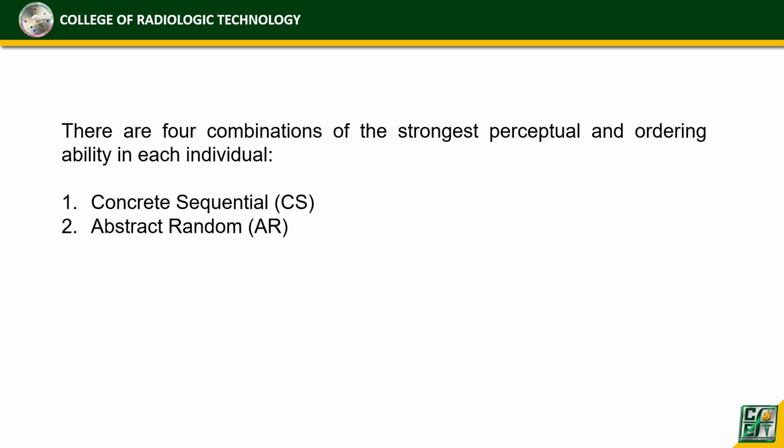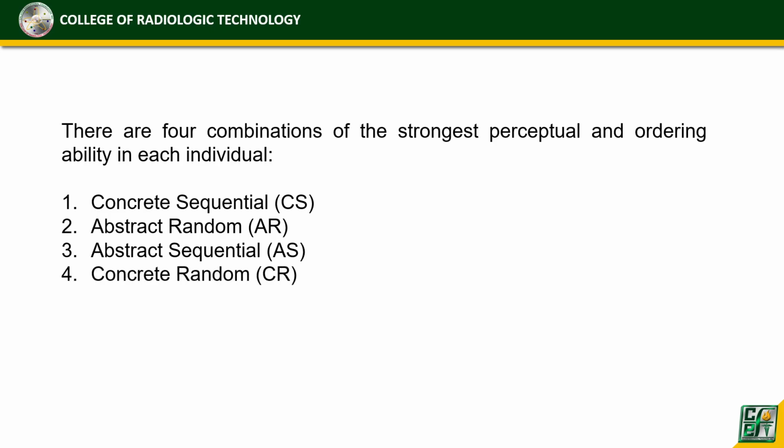Then abstract from the perceptual quality, then ordering ability random. Okay? And yun din number 3 and number 4. So we have the CS, concrete sequential, the AR, abstract random, then abstract sequential, AS, and then CR, concrete random.